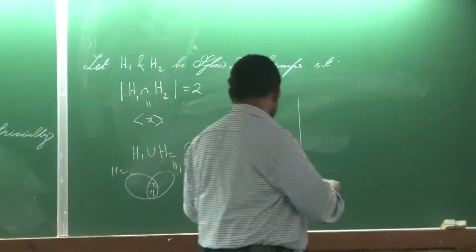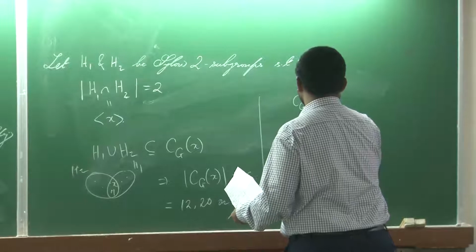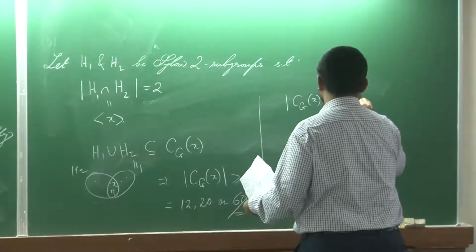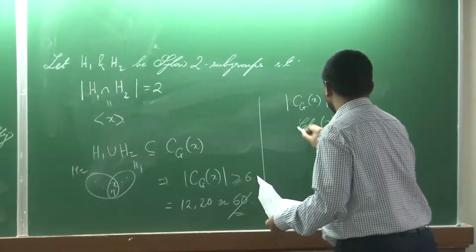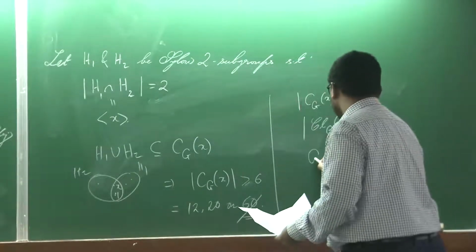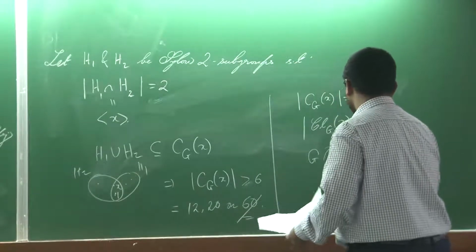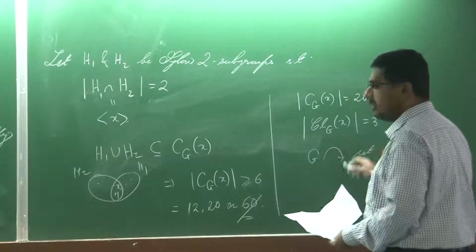Now, the next thing, if the order of the centralizer is 20, that means the conjugacy class of X has order 3 in view of the orbit-stabilizer theorem. Hence, we obtain the action of G on a set consisting of 3 elements, namely the conjugacy class.